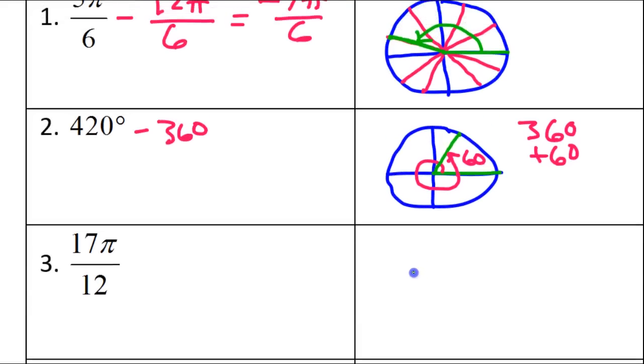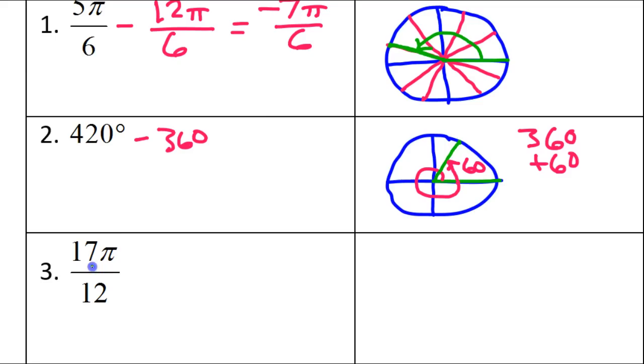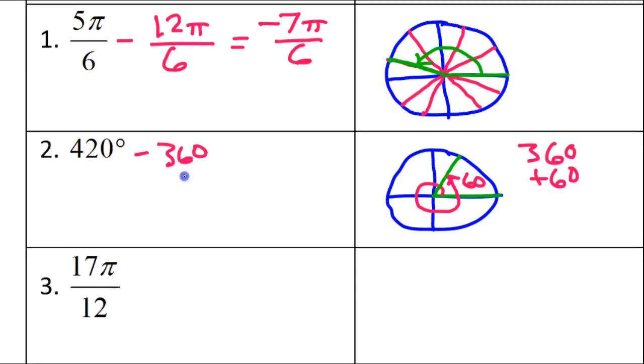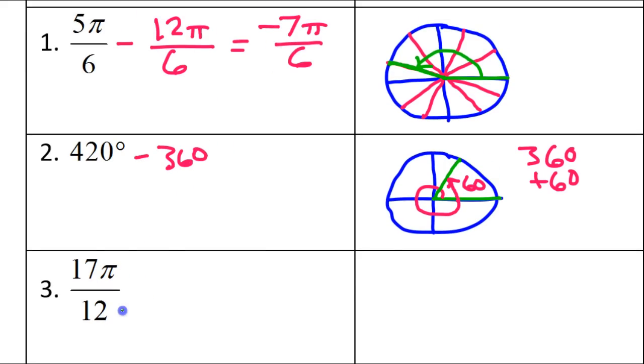Okay, let's talk about number 3. 17 pi over 12. So that's not one of our special ones, so this is going to take a little bit more work. Now it would be helpful to know exactly how many pi this is. In other words, focus on this part, 17 over 12.